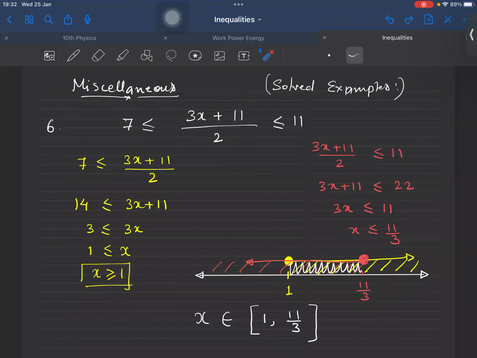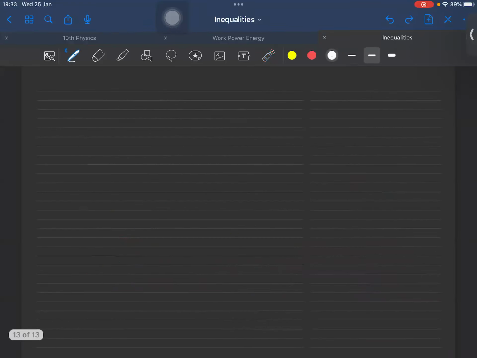Then we subtracted 11 from both sides, so minus 11 on each side. We get 3 here, and 11 minus 11 cancels. Now for 3x, we divide both sides by 3, so it boils down to 1 lesser than or equal to x. We want only the variable x, so act accordingly.